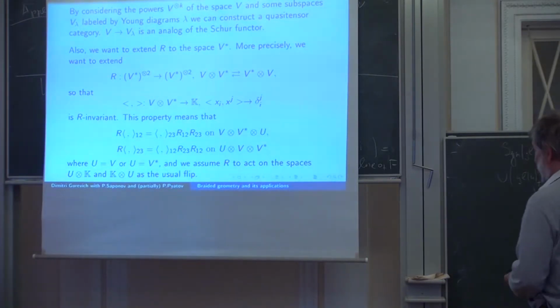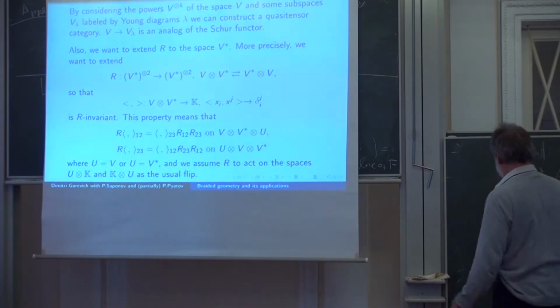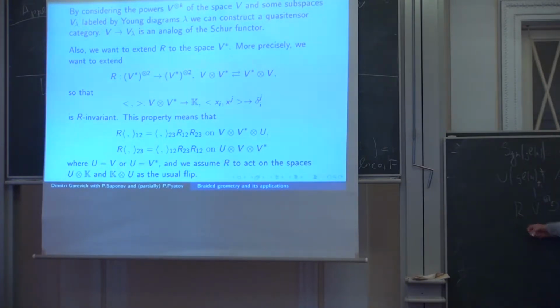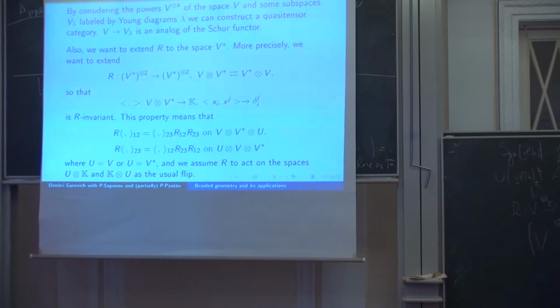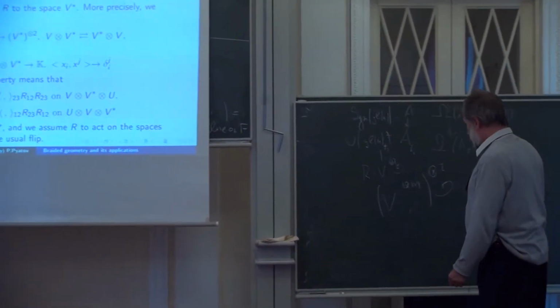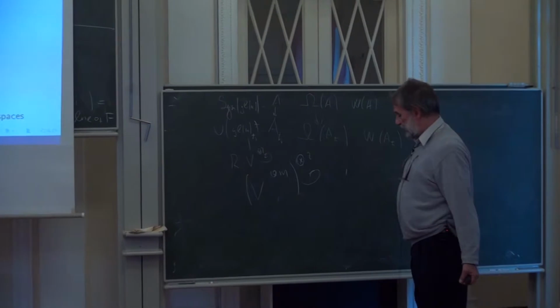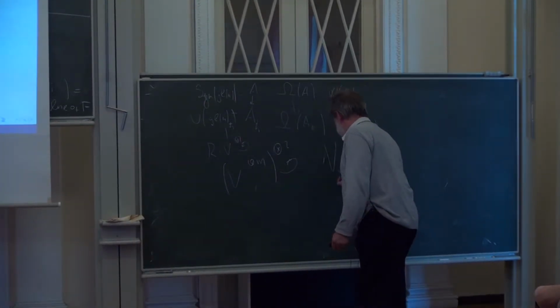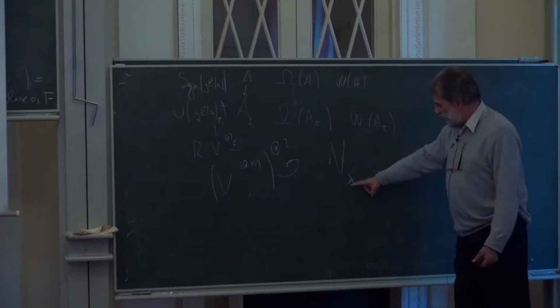Now, if we have a transposition braiding R acting in the space V squared, in the same space, it's possible to extend R to any tensor power of V. So we can consider this space and extend R to transpositions of the space of this type. In principle, it's possible to take a large category which contains some subspaces denoted with lambda.